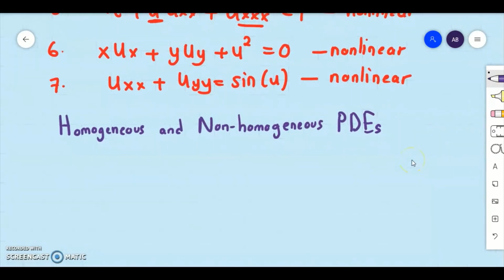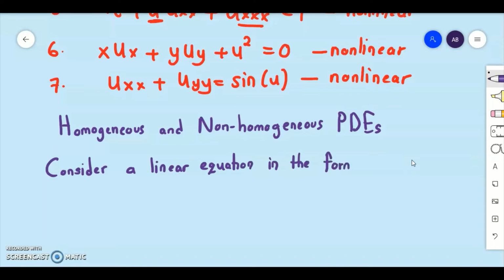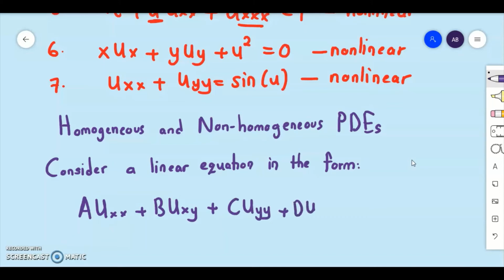So consider a linear equation, we're not talking about nonlinear now, in the form, so this equation here refers to my PDE: A u_xx plus B u_xy plus C u_yy plus D u_x plus E u_y plus F u equals G.